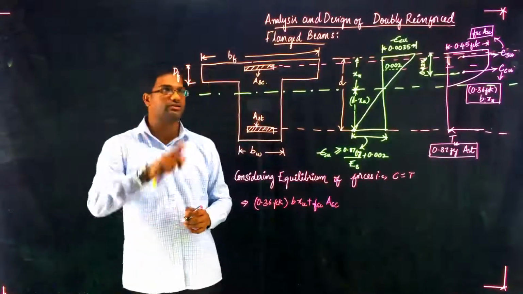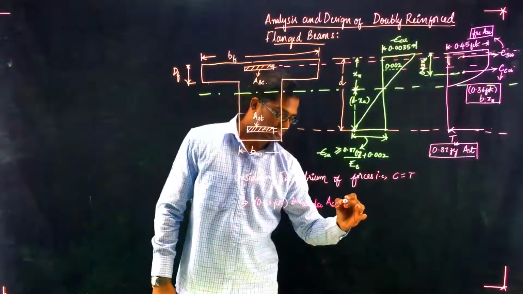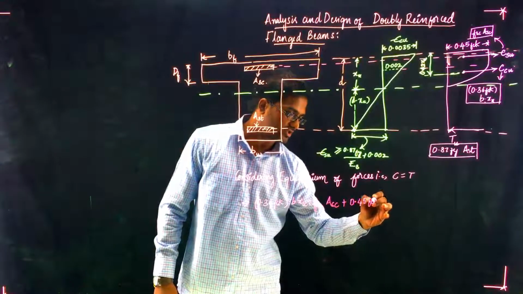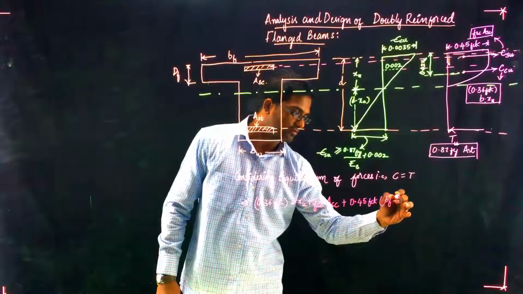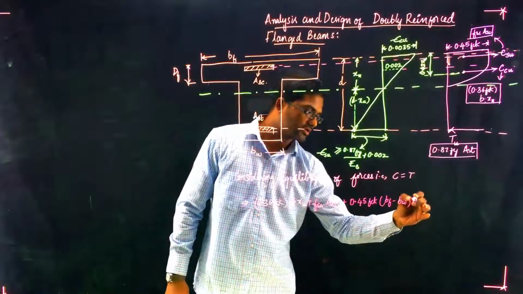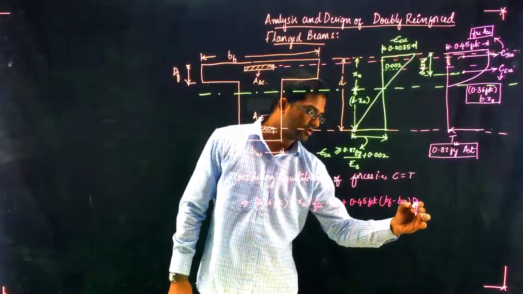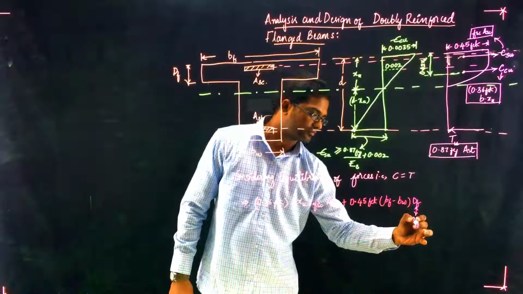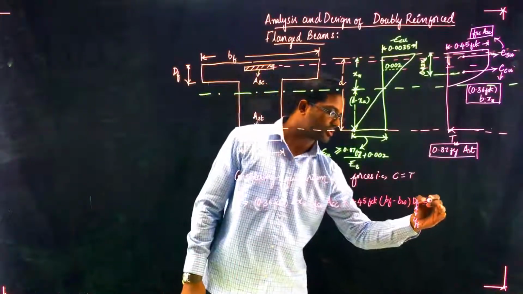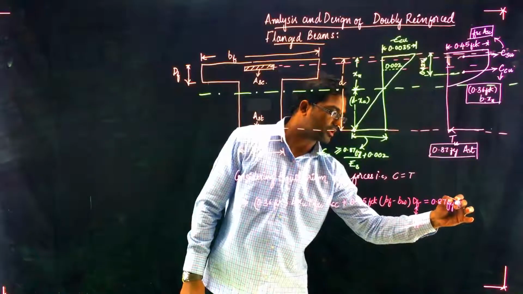We have another term which is the force coming from the flange, which is given by 0.45 fck (bf minus bw) into, let me take, it depends upon whether it is Df or yf, which is equal to 0.87 fy into Ast.